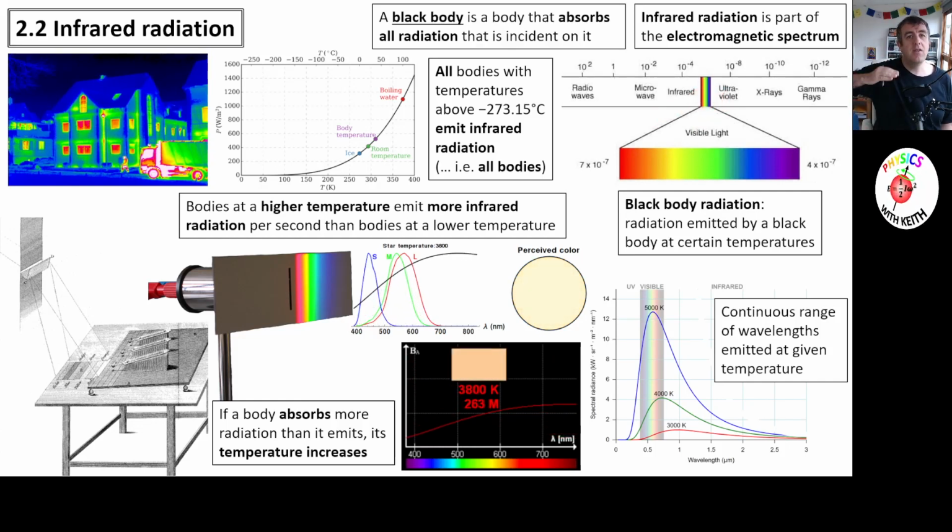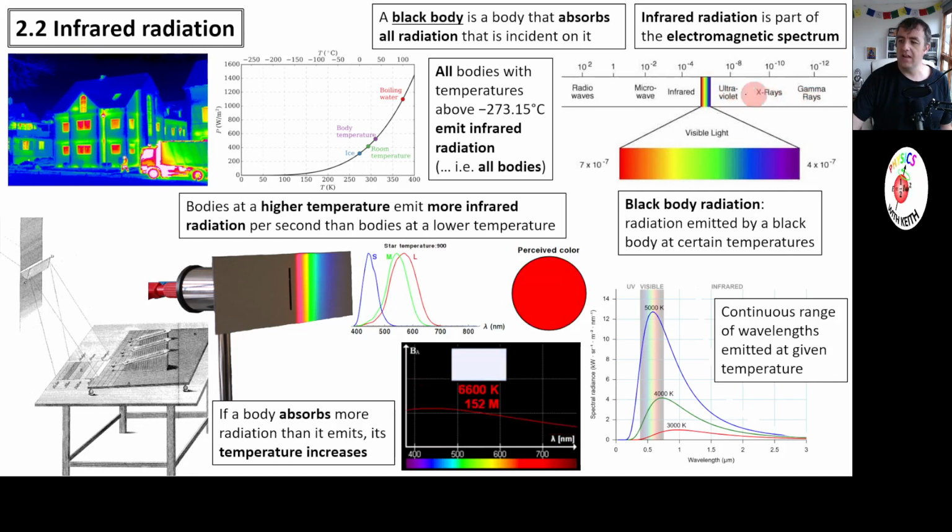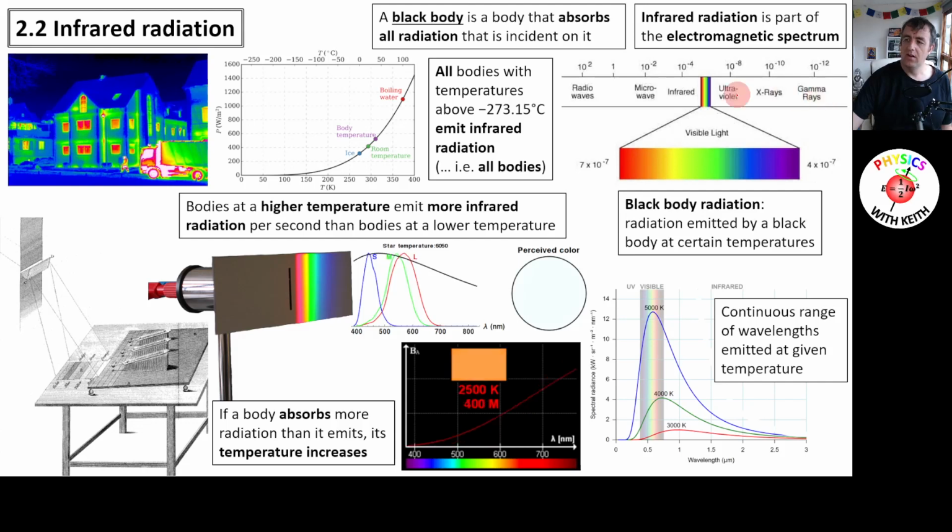Electromagnetic waves are oscillations in electric and magnetic fields. That's all they are. And if they oscillate at a certain frequency, our eyes are able to detect that. And if they oscillate at higher frequencies, well, we can't detect that with our eyes, but we can detect that with other things. So X-ray machines that we use in hospitals will detect X-rays. And we have gamma cameras and things in hospitals as well.